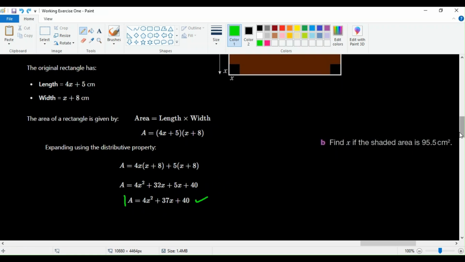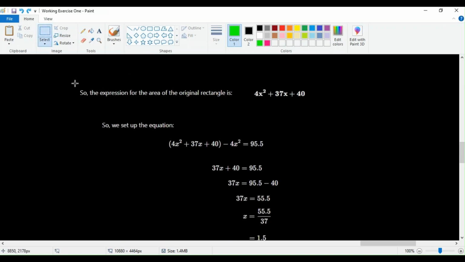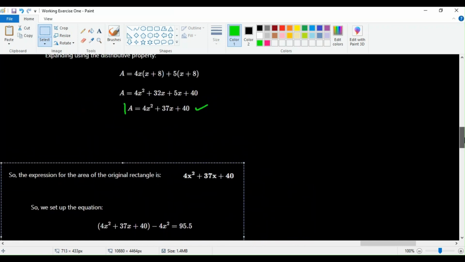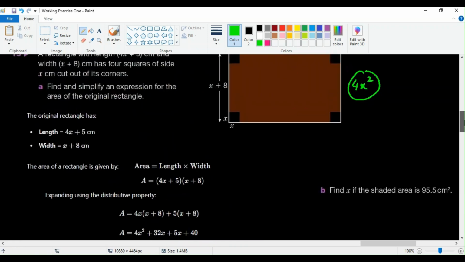Now, from here, let me bring this up a little. The original expression for this box is 4x squared plus 37x plus 40. Now in here, we need to subtract 4x squared, which I've already explained over here.